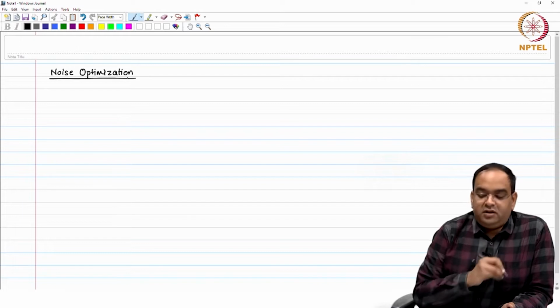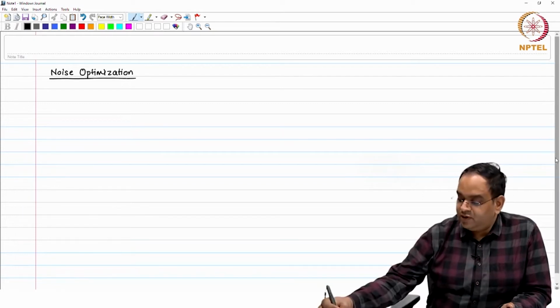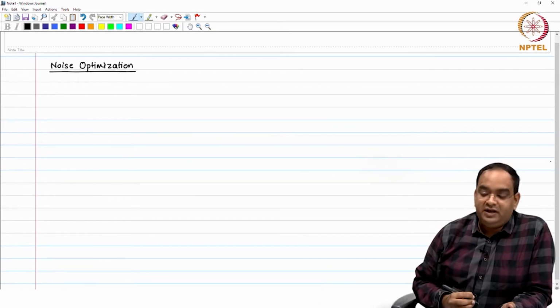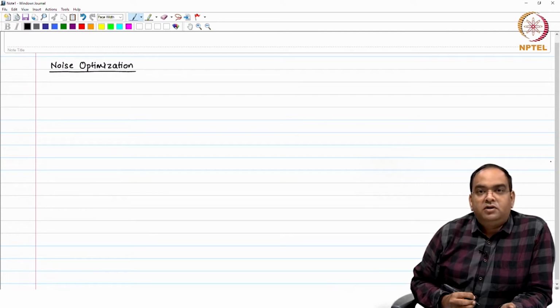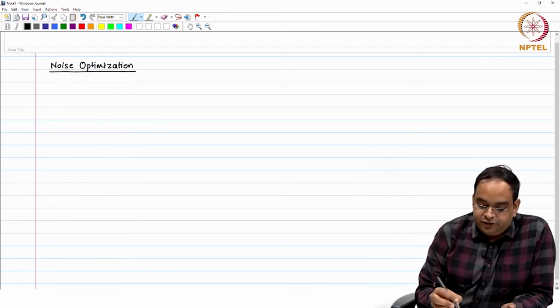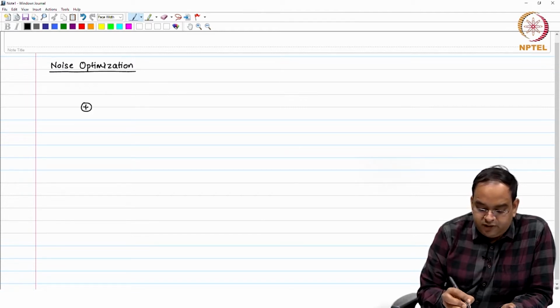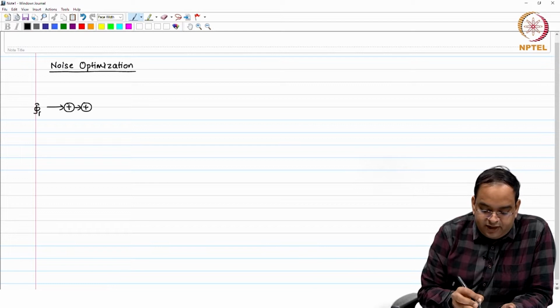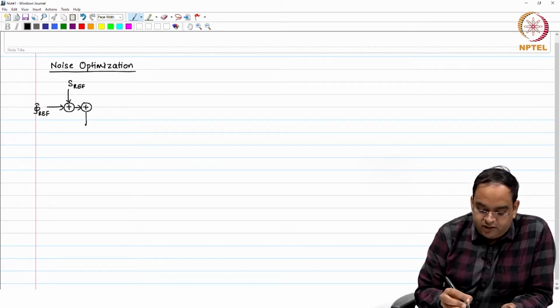So, before I start with the noise optimization, let us just have a quick recap of the noise in the PLL. I will just draw the small signal block diagram for the different noise sources which we have seen earlier. You have phi reference, then the noise gets added for the reference, and you feed back at the input.